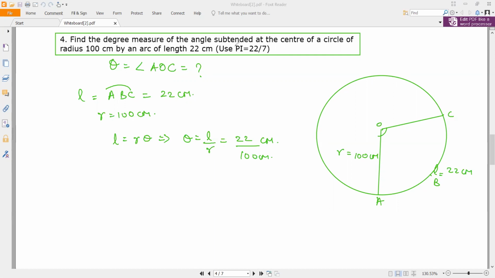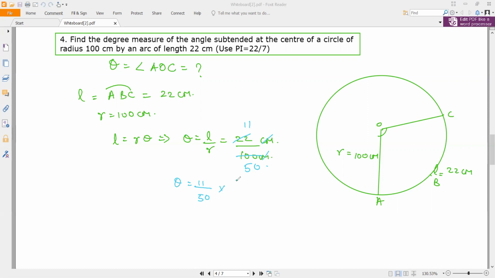Find the degree measure of the angle. So whatever angle you get from this formula, you'll get it in radians. Units will get nullified, giving 11 upon 50. We have to convert this theta, which is equal to 11 upon 50, into degree measure.